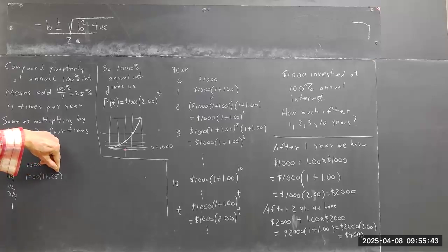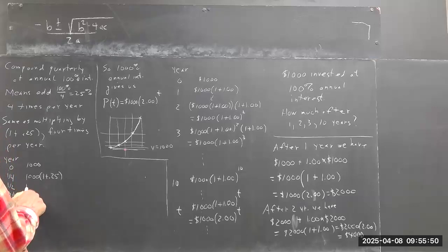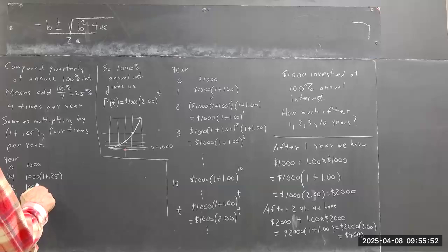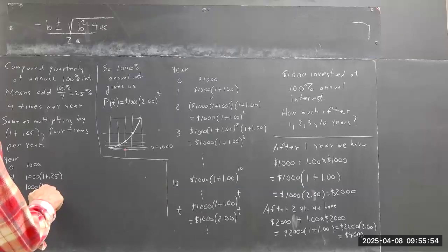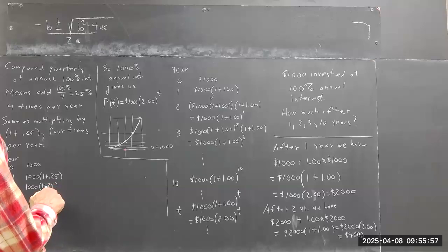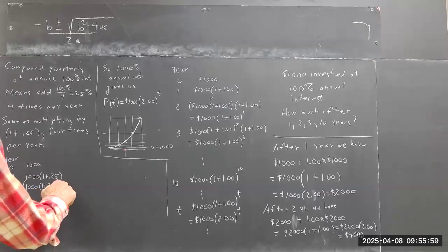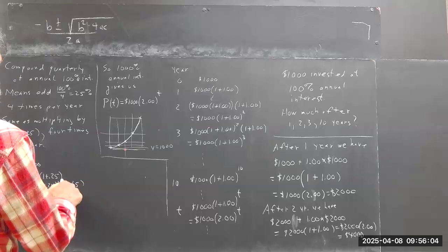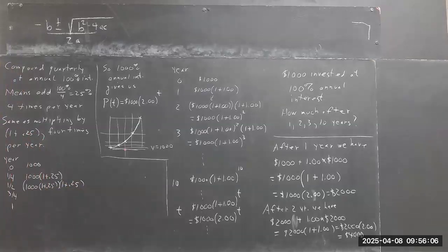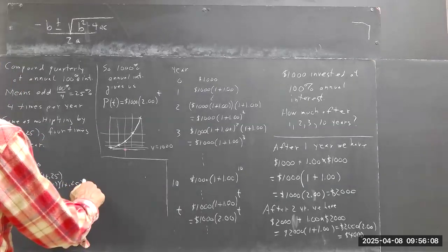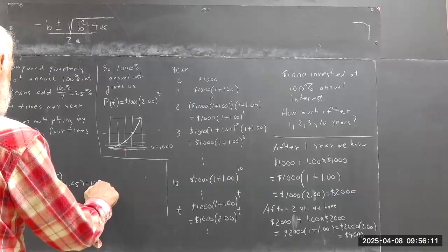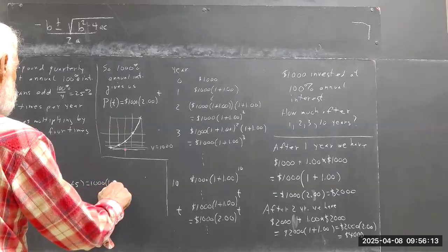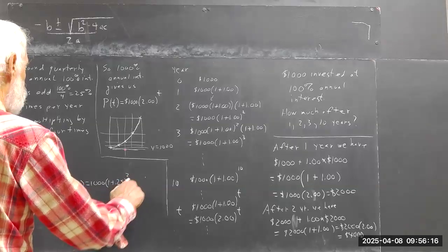And times 0.25 is your interest. That's $250 interest. You end up with 1,250. And then you get 1,000 times 1 plus 0.25. That's what you have here. Then you get to multiply that by 1 plus 0.25. And that equals 1,000 times 1 plus 0.25 squared.